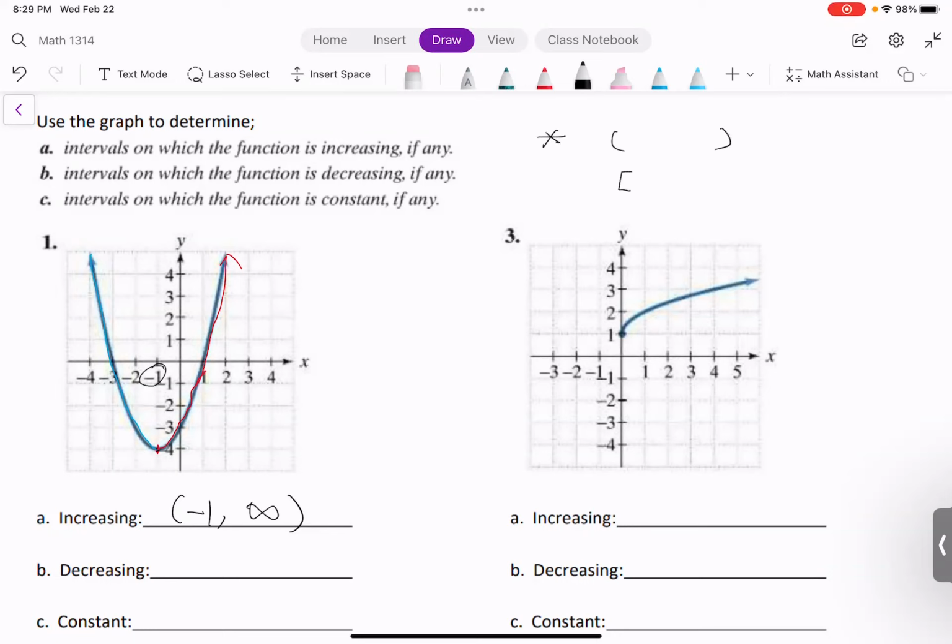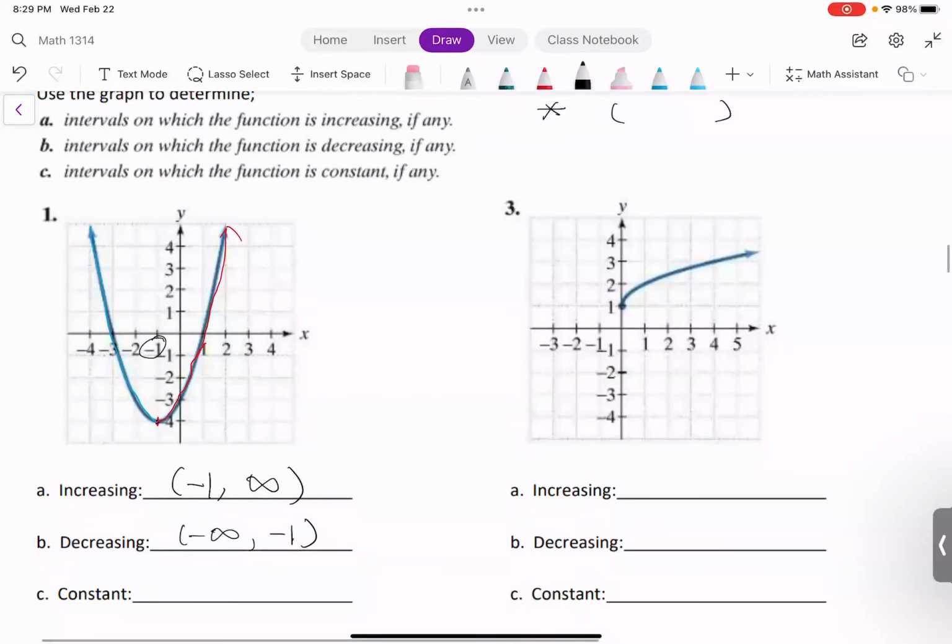We never use brackets. Okay, let's see the decreasing interval. The decreasing interval, that's the blue curve here. That's from -infinity to -1, parentheses. Do we have constants? No, constant means it's a horizontal line. There's no horizontal line, so no constant.